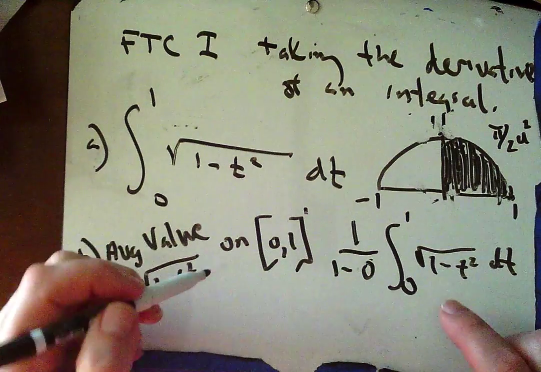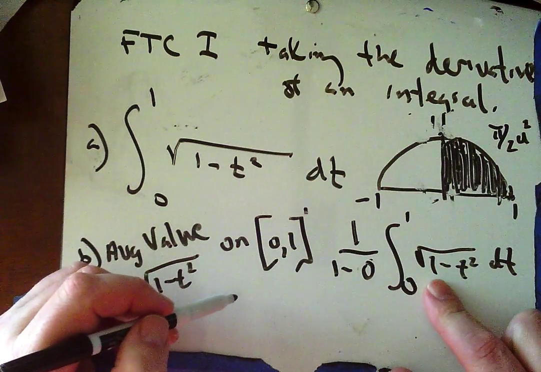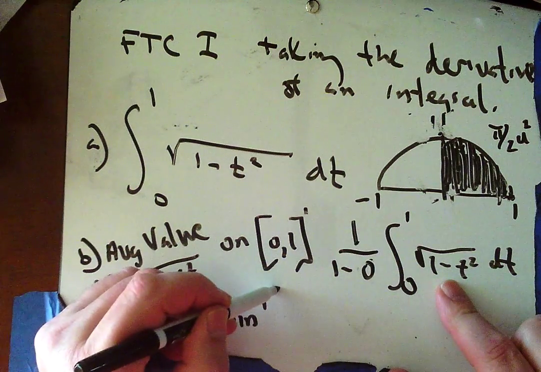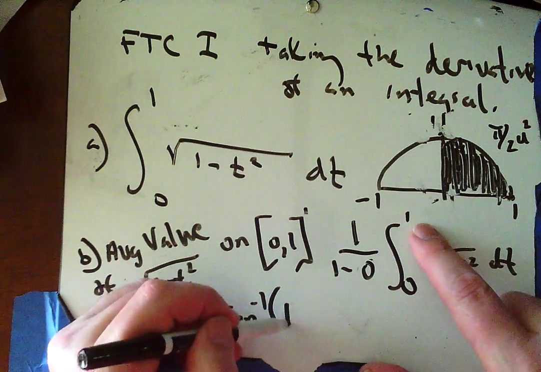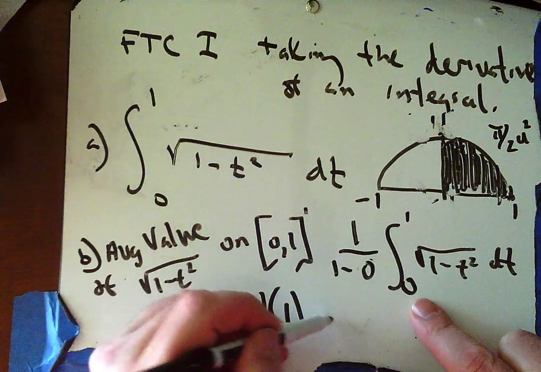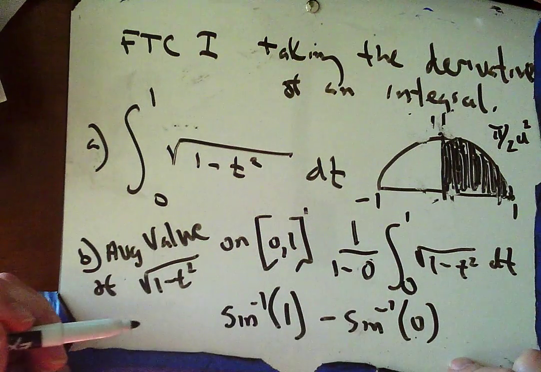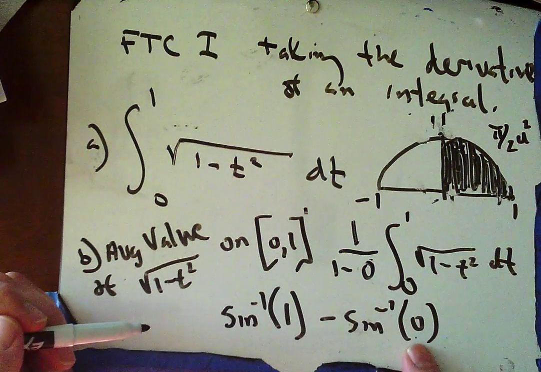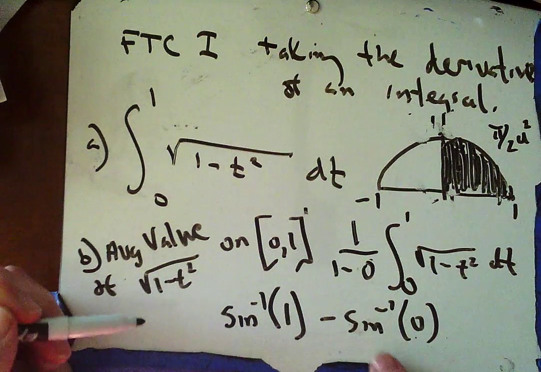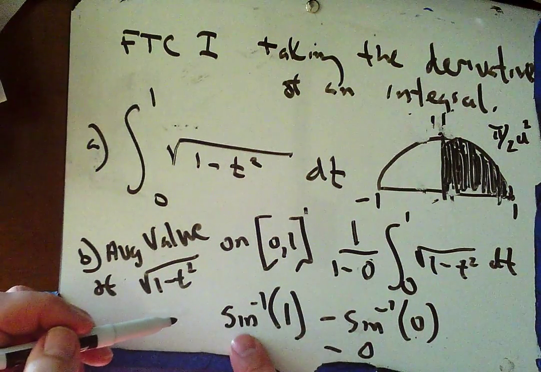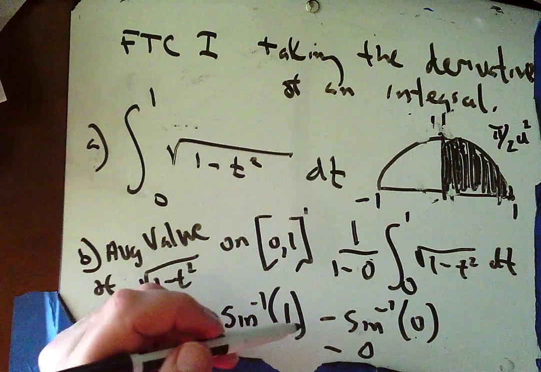Let's take a second look. Okay, that is the derivative of sine inverse. I do want to evaluate sine inverse from 0 to 1. Sine inverse of 0, what angle has an upness of 0? 0 does. And over here, what angle within the restriction for inverse sine has an upness of 1?